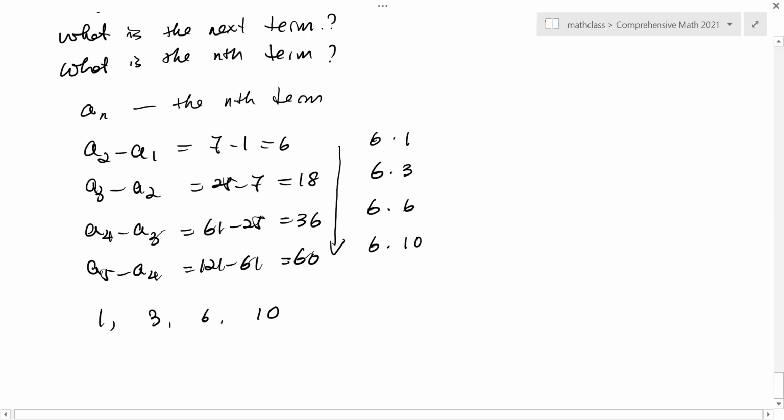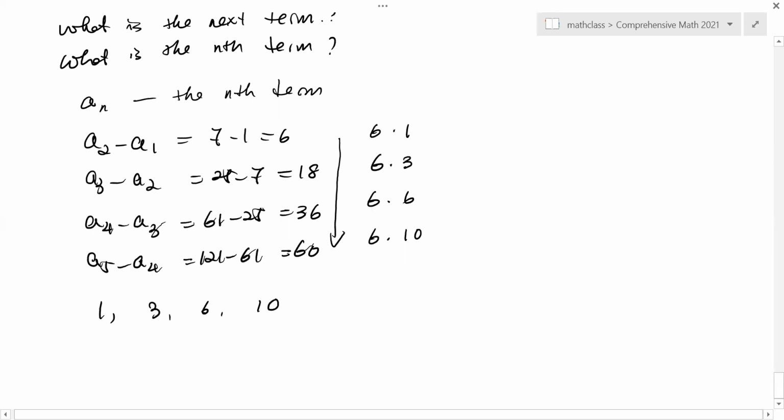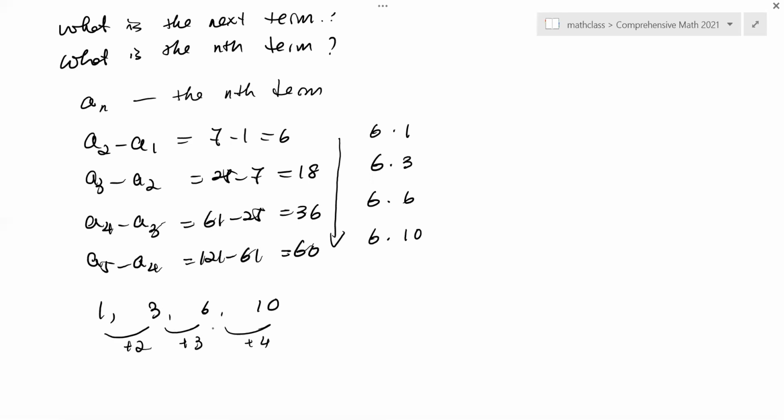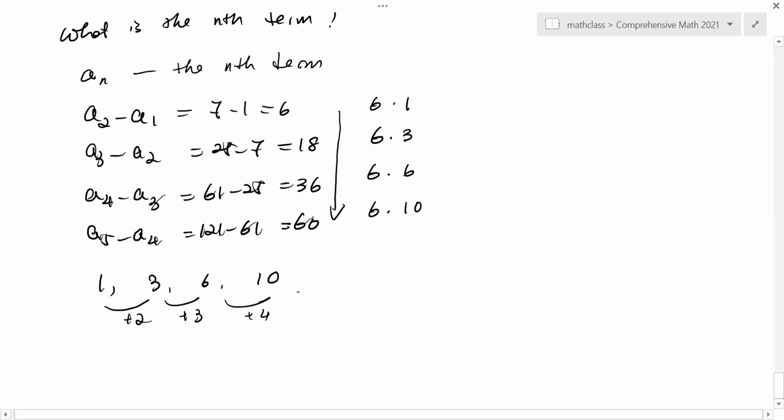The next term in this sequence looks like you add an increasing number. Like here you add 2, that's why you get 3. You take subtractions among the consecutive terms. So I believe the next term is plus 5, that's 15.